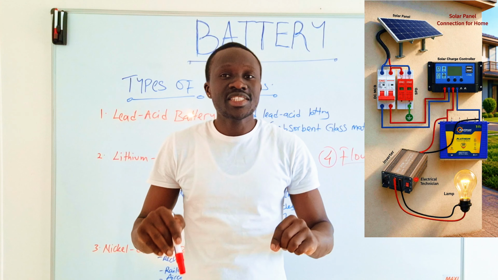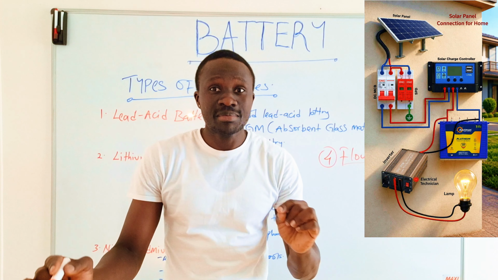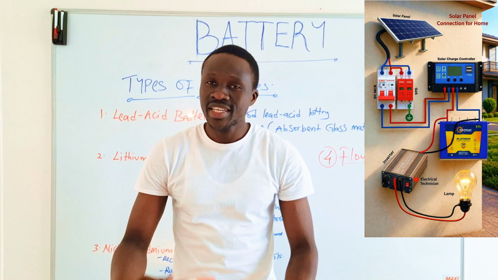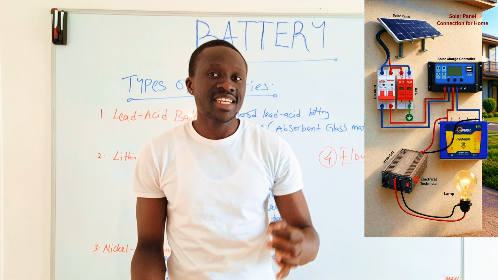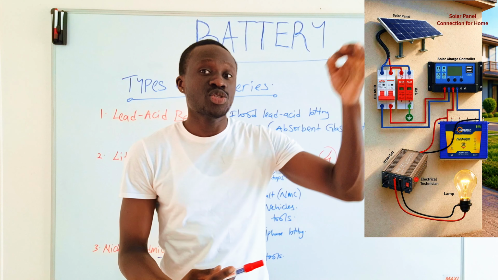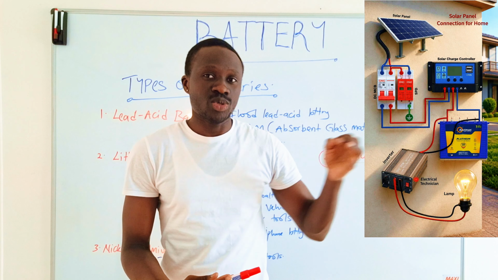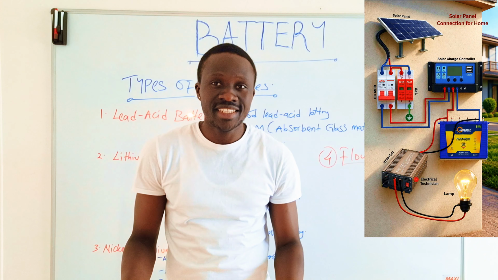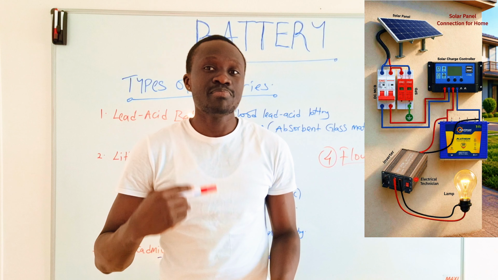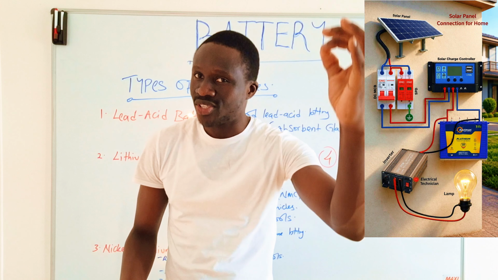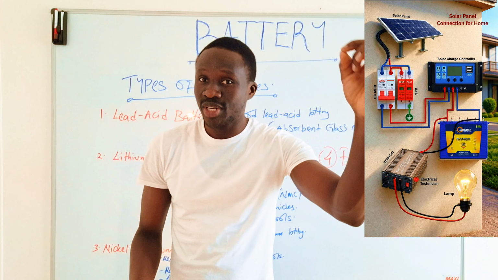After charging, at night this battery holds the energy which is stored during the day, or the excess energy which was not used by the loads during the day. It was stored in the battery, and at night these batteries are used. The stored energy is used again by the loads with the help of a regulator.